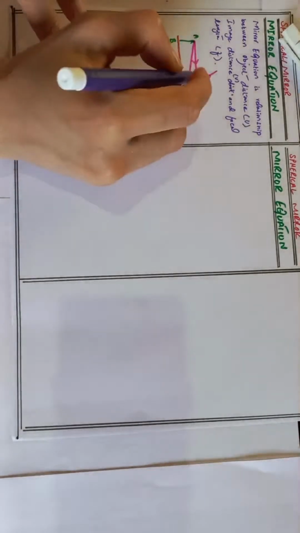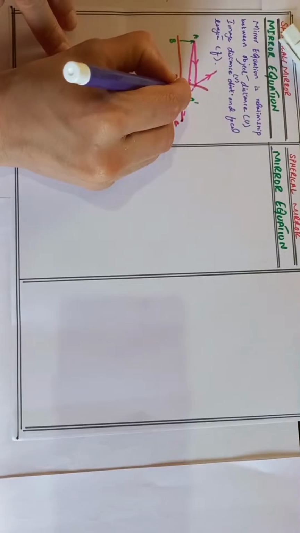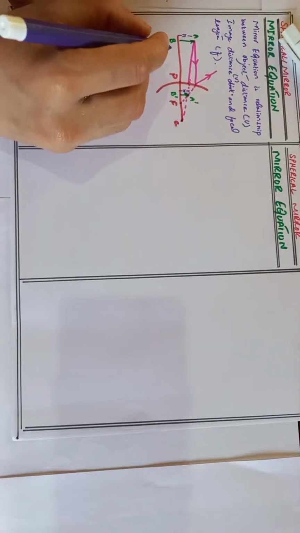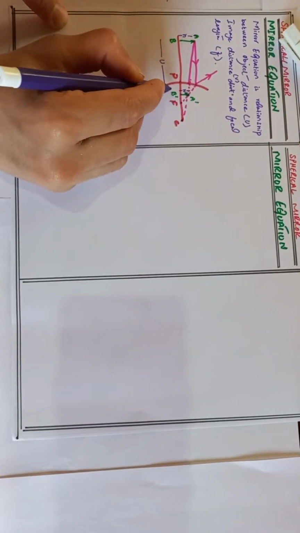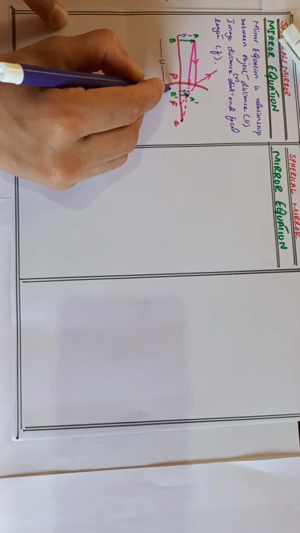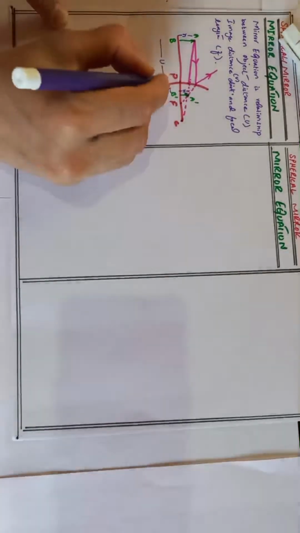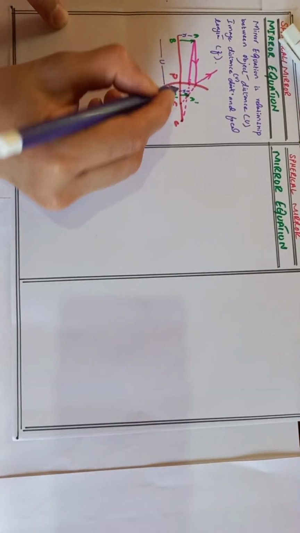So here we take the image height as h', and the object height as h. Object distance from the pole of the mirror we take as u, and image distance from the pole of the mirror we take as v.